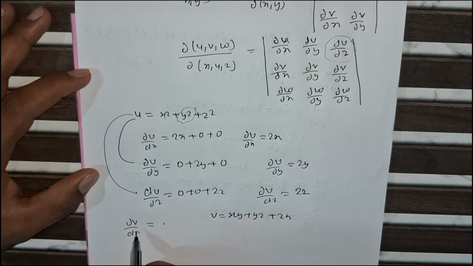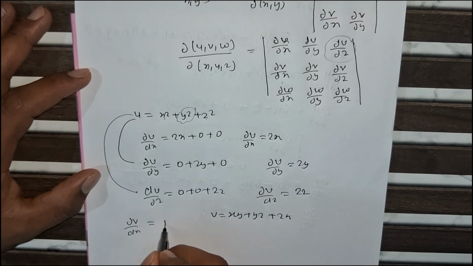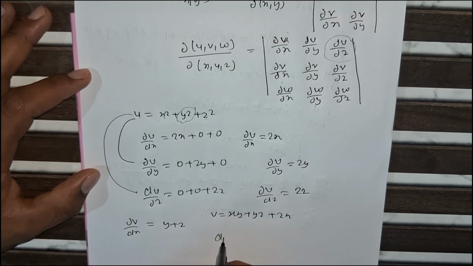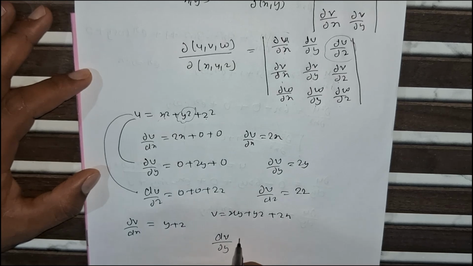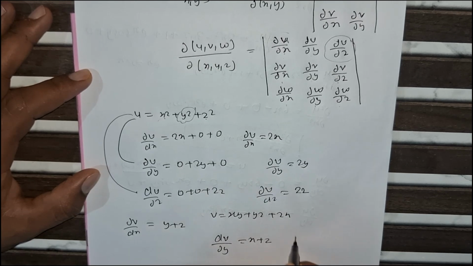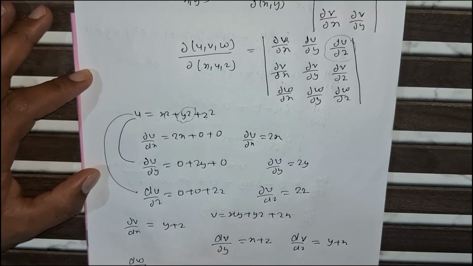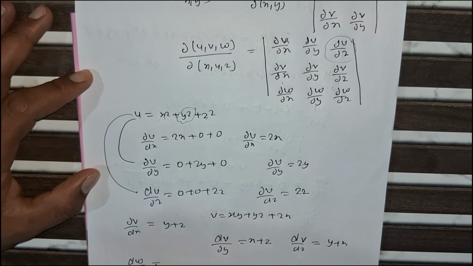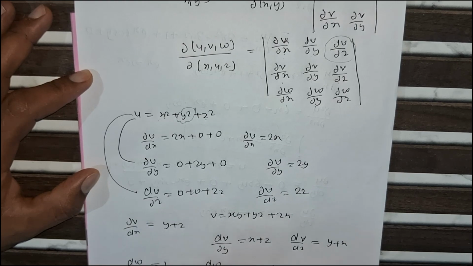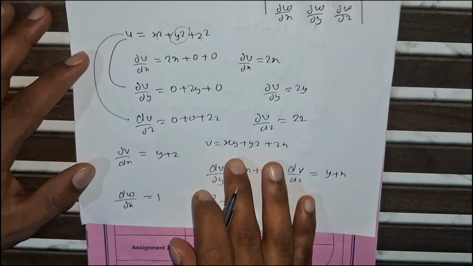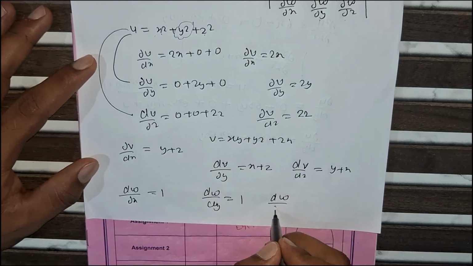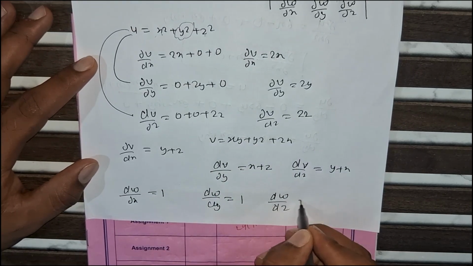Del v by del x equals y plus z. Del v by del y equals x plus z. Del v by del z equals y plus x. Like that del w by del x equals 1, del w by del y equals 1, and del w by del z equals 1.